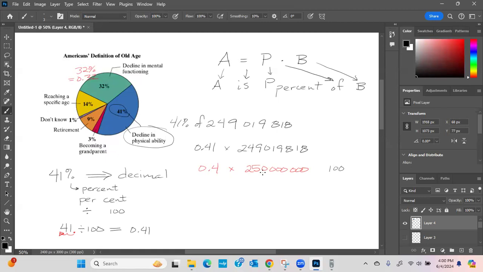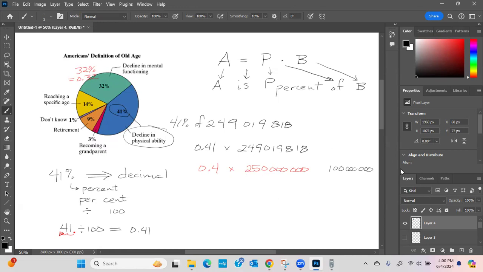And then we got to take care of these zeros here. Now, half would be like 125 million. We're at 100. So 40% is a little less than that. So 100 million is what we would get there.